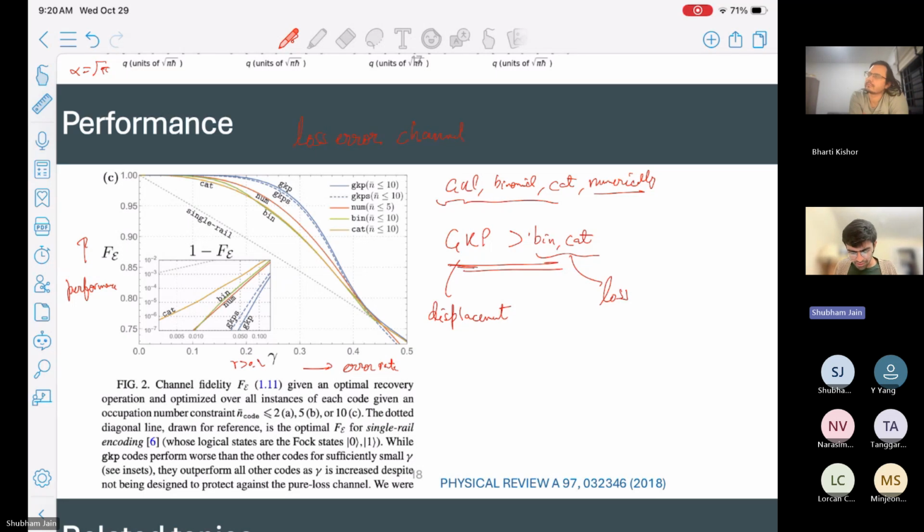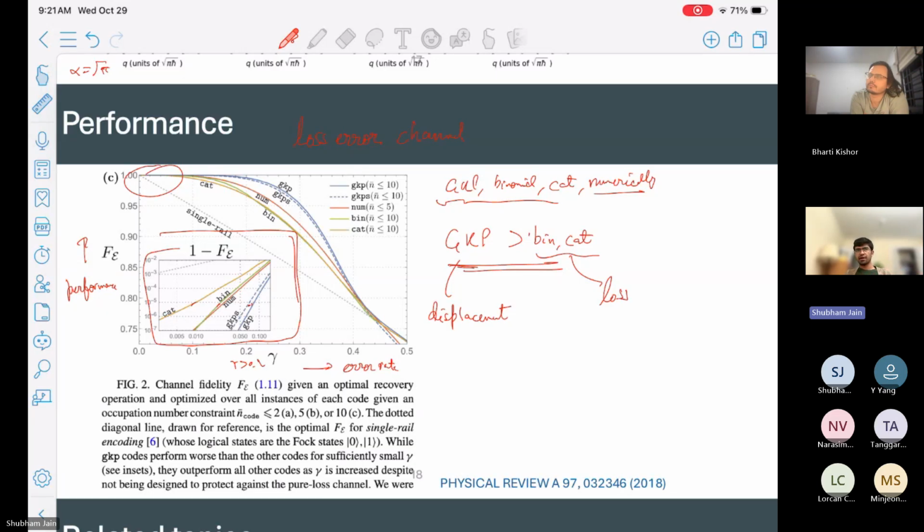Another interesting point in this performance chart was that if you go to low enough gammas, in this smaller plot here, which is the same plot but just zoomed in on this region, you have values of gamma very, very low. And in here we see that the CAT codes and the binomial codes actually perform better than the GKP codes. This is also sort of intuitive to understand, since I mentioned these cats and binomials were designed for loss error channels.